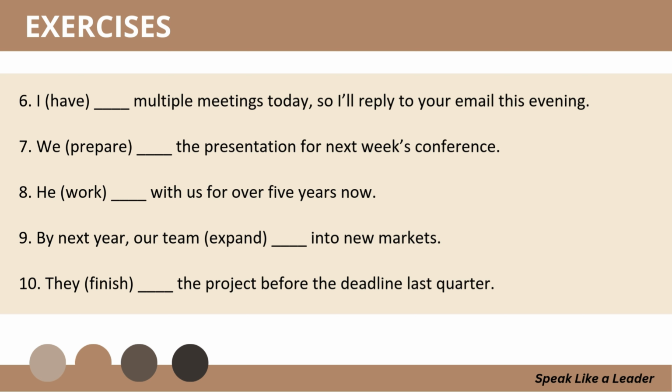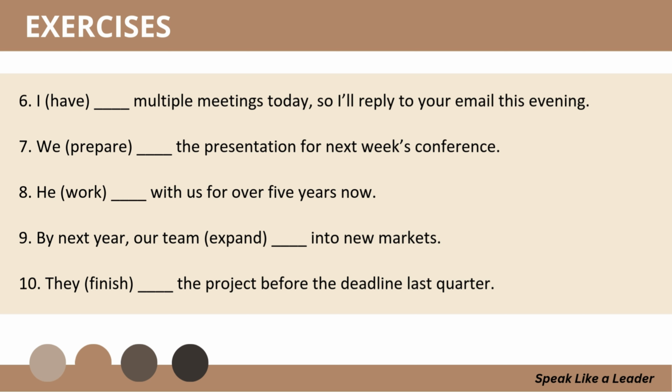So, I have had multiple meetings today. Good. Number 7. We something the presentation for next week's conference. We're looking for a tense that describes actions happening right now or in the near future. So the present continuous. We are preparing the presentation for next week's conference.